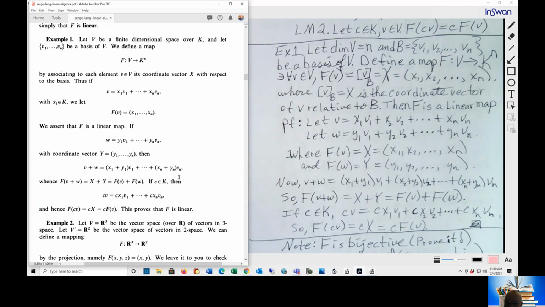Then F is a linear mapping. The proof is straightforward and you are responsible for it.